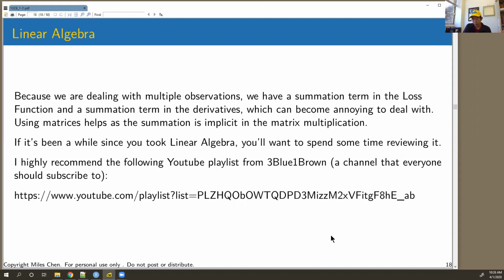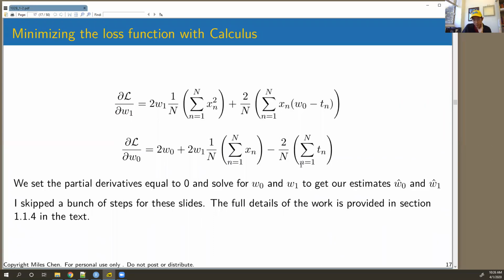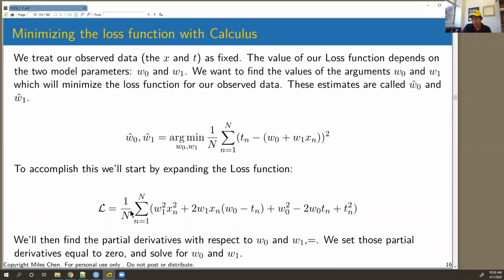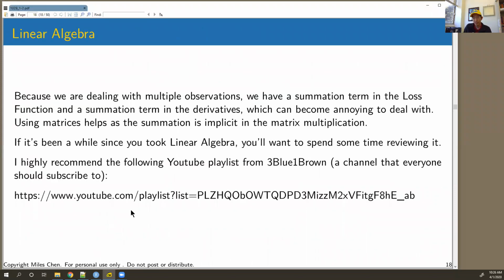Okay, so one thing that might be annoying, and maybe you had to deal with this or maybe you didn't, is that we've got these summation signs here. We have these summation signs in the partial derivatives. We have a summation sign in the loss function. And so this is where working in matrix notation is going to be helpful for us.